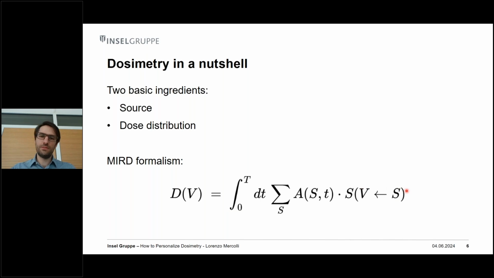So we have some activity in a certain area in the source, and then the dose that is induced or deposited in the volume V is given by this S value. So here you see these two ingredients. This part essentially is the source, and the S value is then the dose distribution.